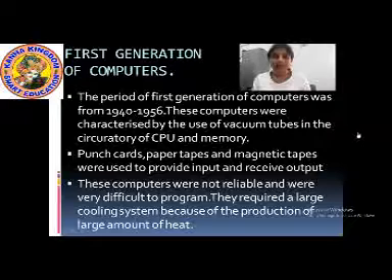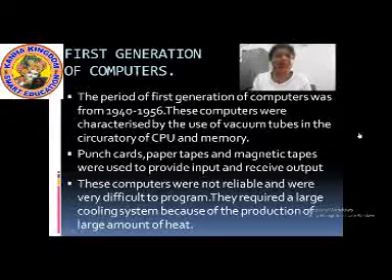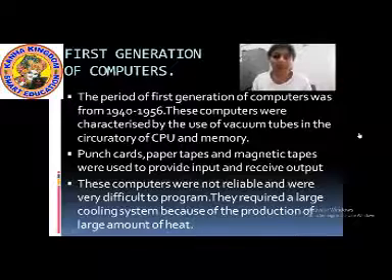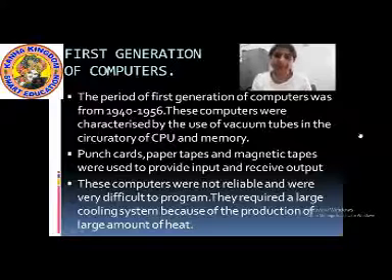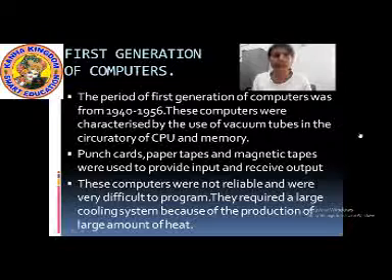Now let me tell you the disadvantages of this computer. As this computer was very huge and large, it could not be carried from one place to another. And it required many people to work on it.